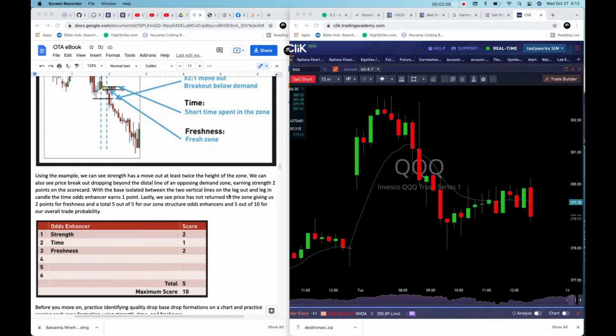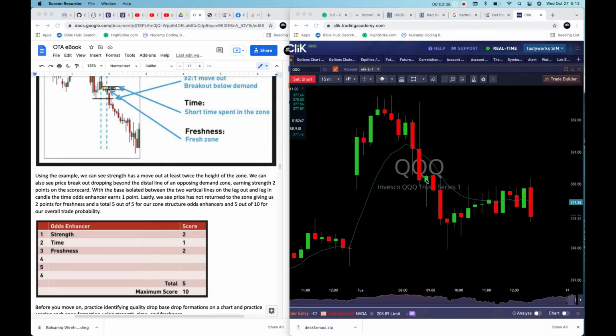Now looking at this example over here on the left, we have the NASDAQ up on a 15-minute chart. Just real quick, again, the 5-step process: you start at current price, moving up and left, looking for an explosive drop in price, which we have here. This leg candle closes beyond the range of the previous candle. Coming to the previous candle, we see it closing within the range of its previous candle.